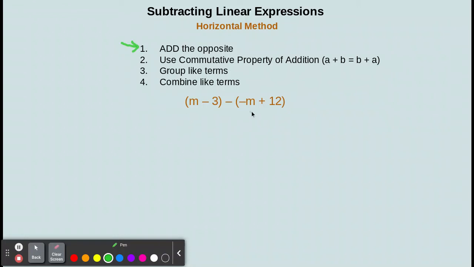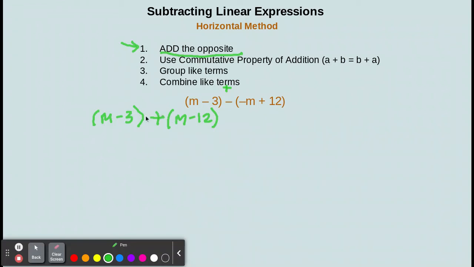So we are going to rewrite this and making sure that we add the opposite. So this becomes m minus 3. We want to add the opposite of that. So opposite of negative m is positive m. The opposite of positive 12 is negative 12.